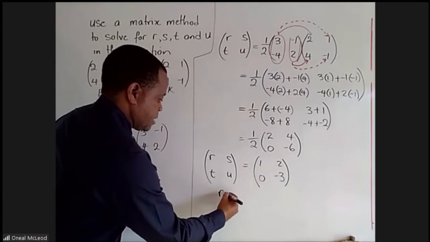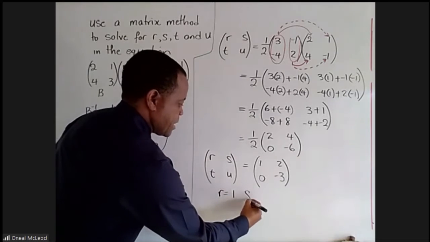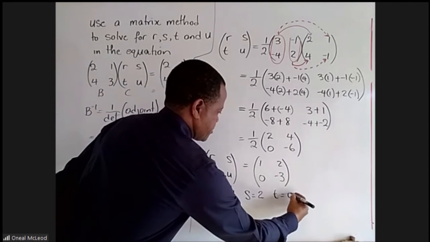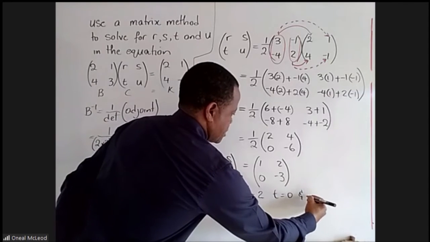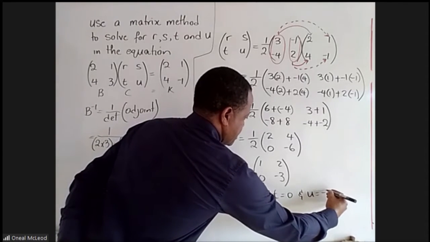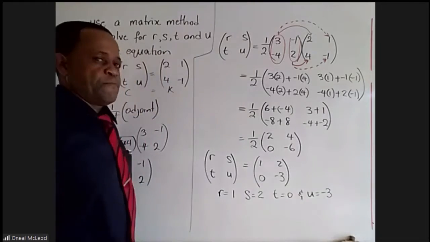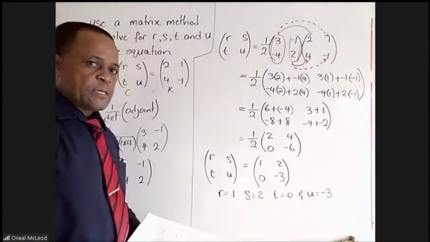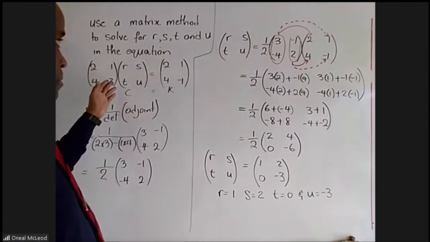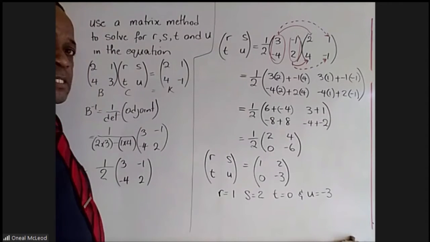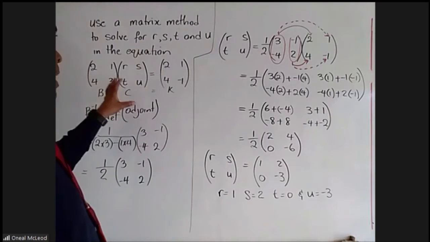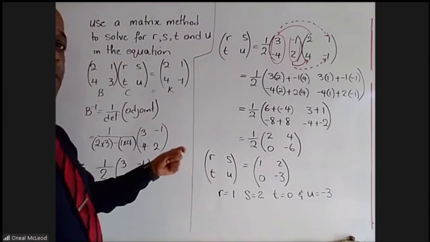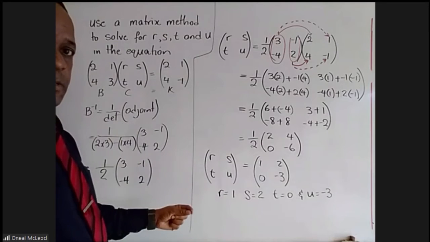So R is equal to 1, S is equal to 2, T is equal to 0, and U is equal to negative 3. Very, very simple. So yes, it looks unusual. That's not how we started off, but you must understand that it is possible that you could get a question with more than just 2 variables.